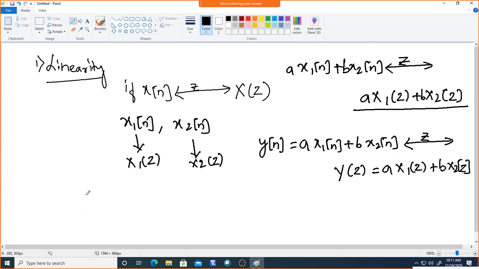So we know the equation for the Z transform: y of z equals summation n equal to minus infinity to plus infinity y of n into z power minus n.